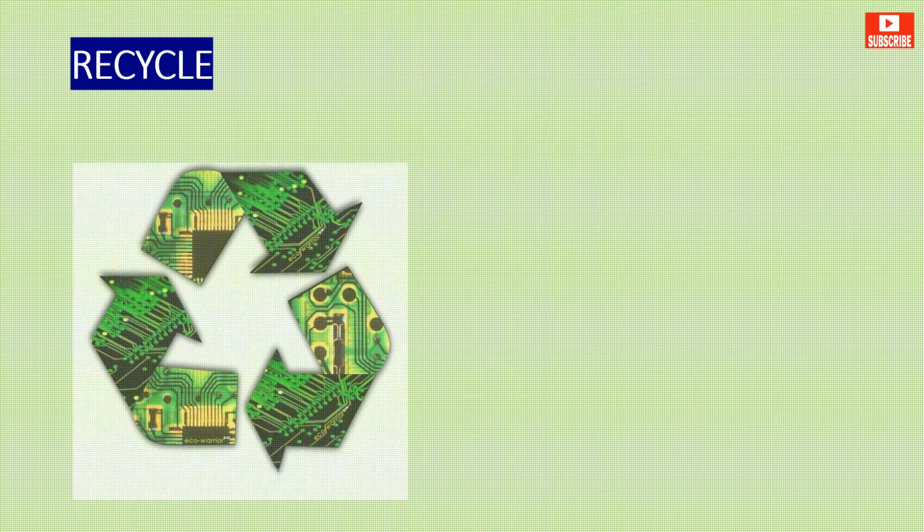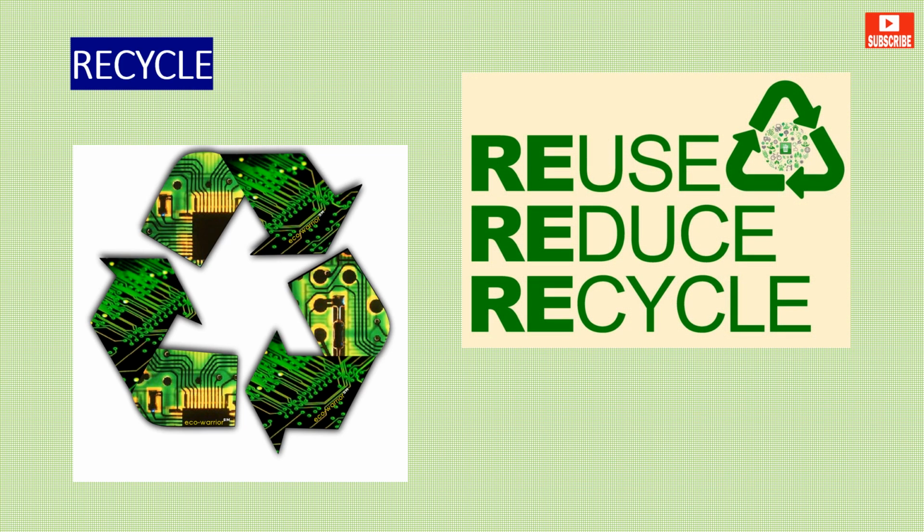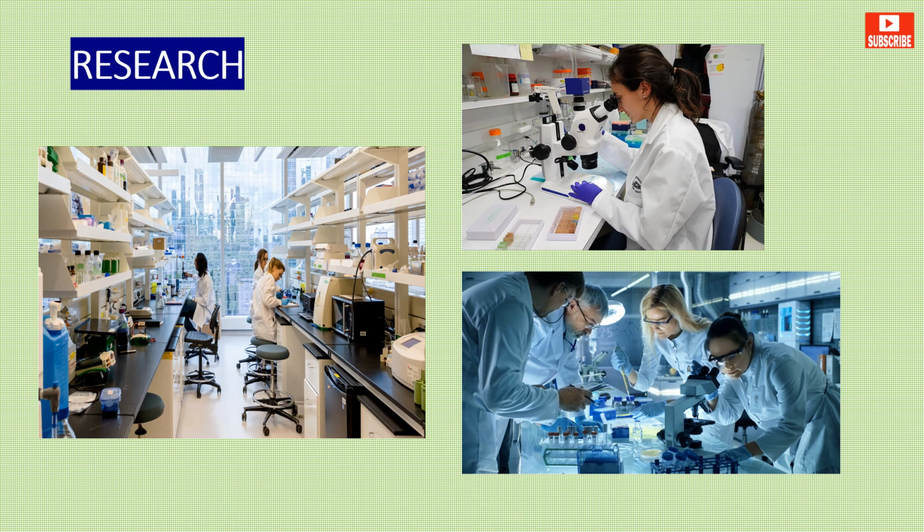Recycle is to convert or reprocess materials so that they can be used again. And that's why we say reuse, reduce, and recycle. Research is to investigate data, sources, material, or facts, and also is called the information and data gathered during the investigation.